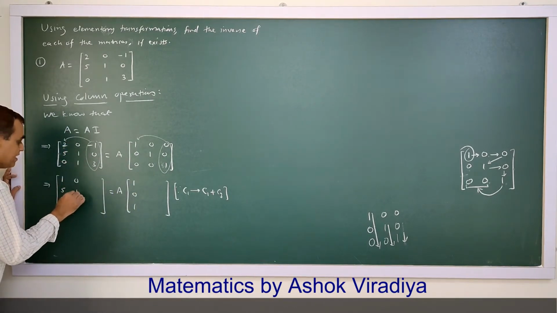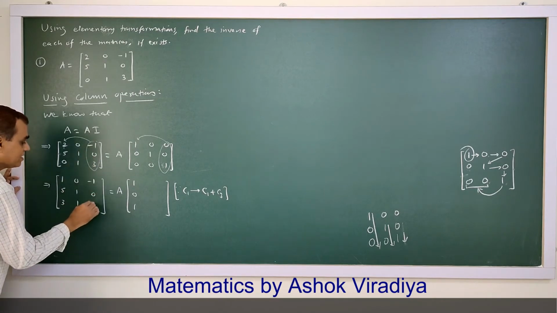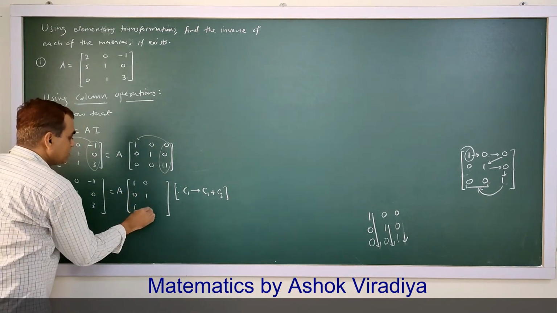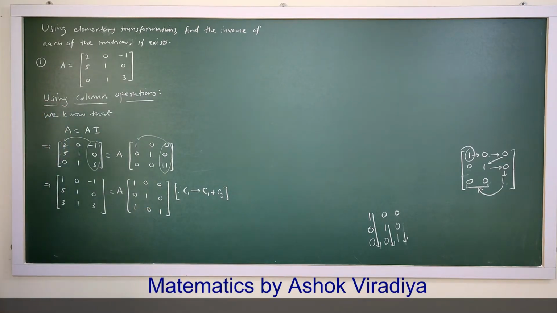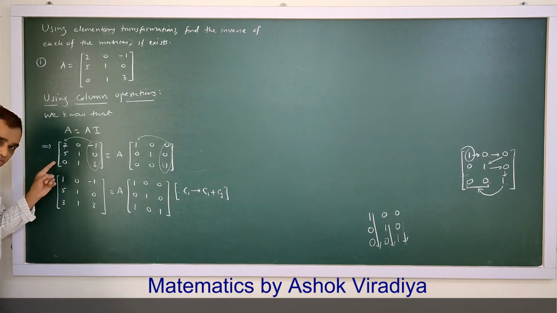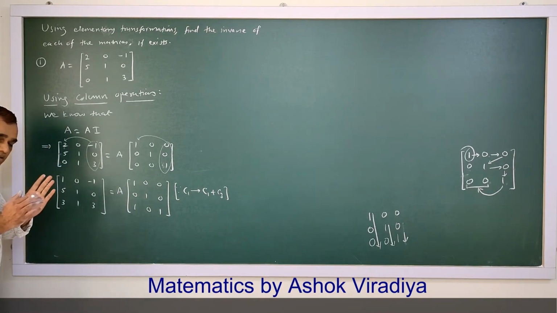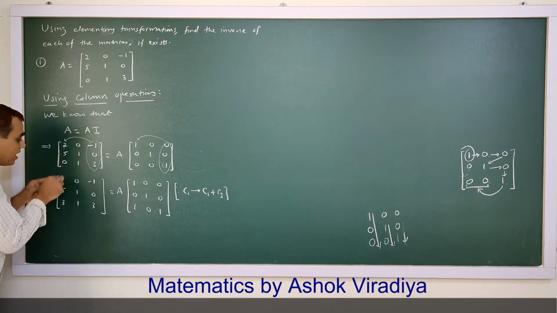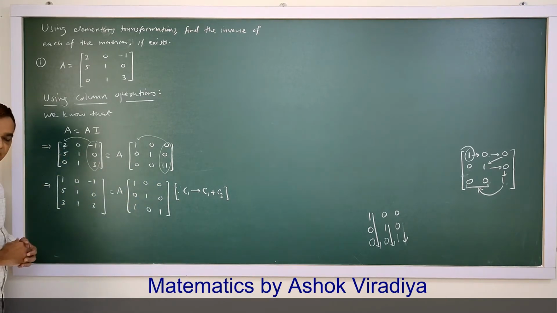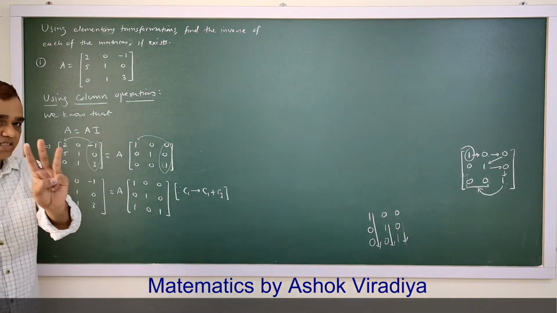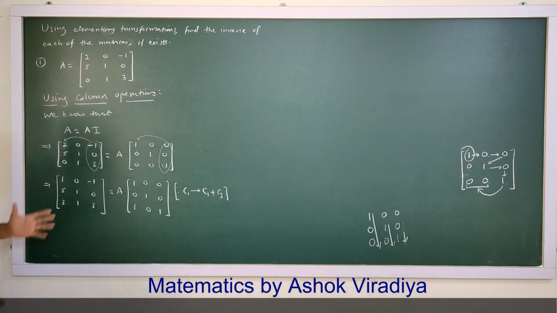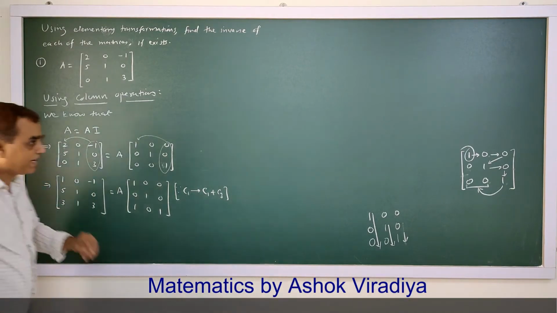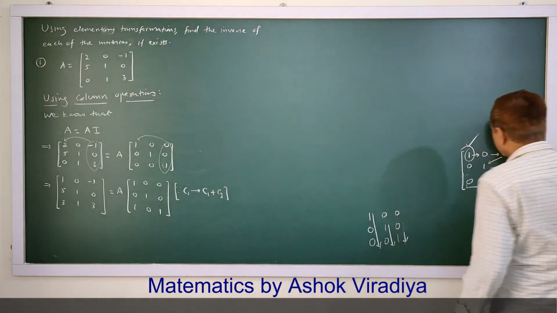Second column as it is. This will be as it is. 0, 1, 0, 0, 0, 1. So this one can be obtained by dividing first column by 2, or we can get here 1 by this procedure also. Remember, we are having 3 operations. Any operation, whatever is convenient, you can use. So 1 is obtained. This is done.